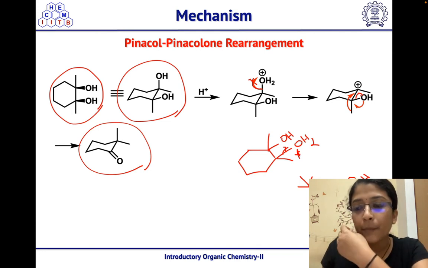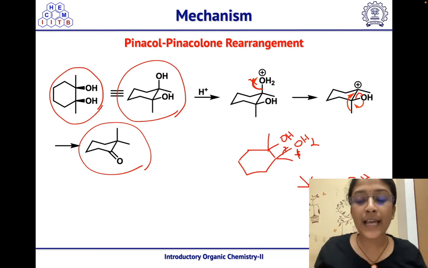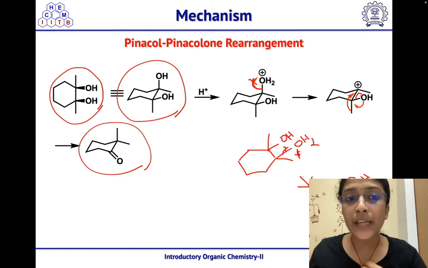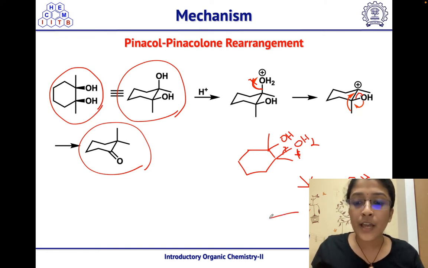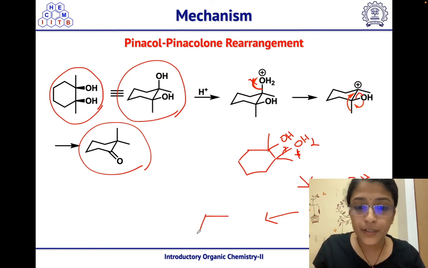Compared to methyl, ethyl has a greater migratory aptitude in the case of a pinacolone kind of rearrangement. So we can think that this will migrate in this fashion, and we will get a five-membered ring system with a methyl and a ketone like this.